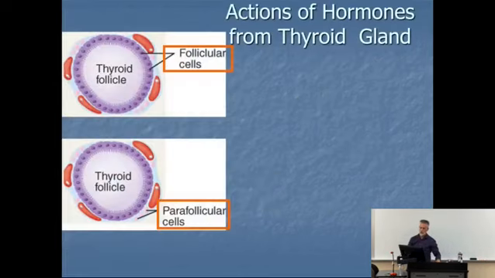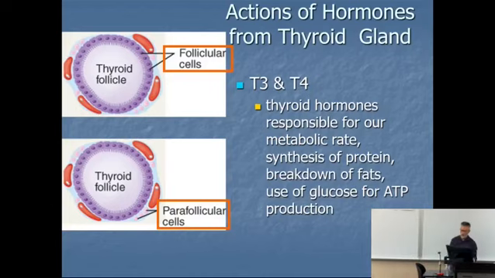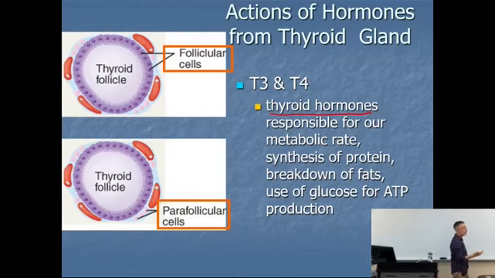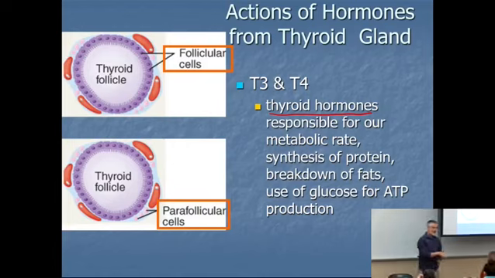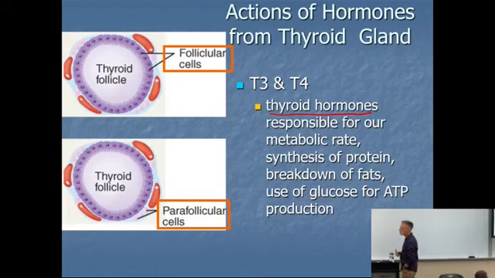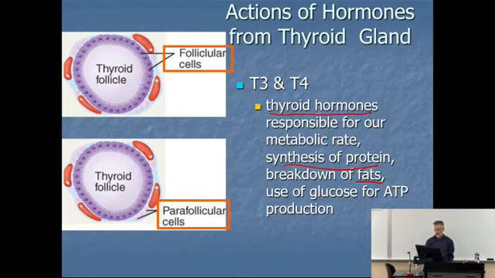Okay, so thyroid hormone, T3 and T4, is responsible for increasing metabolic rate. That means tons of different cells in the body that have receptors are going to respond to this. They're going to increase their metabolic reactions, using glucose and things like that. It causes protein synthesis in some cells and breakdown of fat so we can have more energetic molecules available.